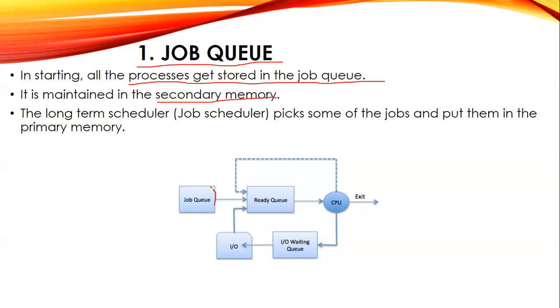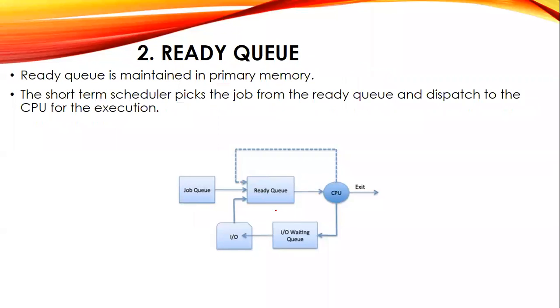So when they are in the job queue, they are in secondary memory. The long-term scheduler picks some of the jobs and puts them into primary memory, where the ready queue is maintained. The short-term scheduler picks the job from the ready queue and dispatches it to the CPU for execution.